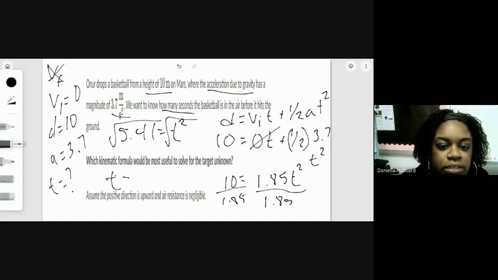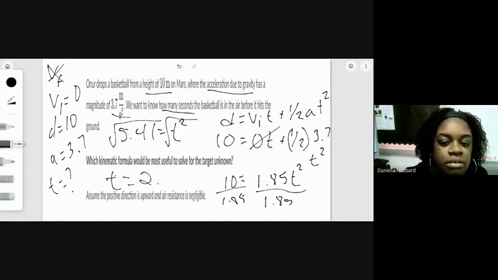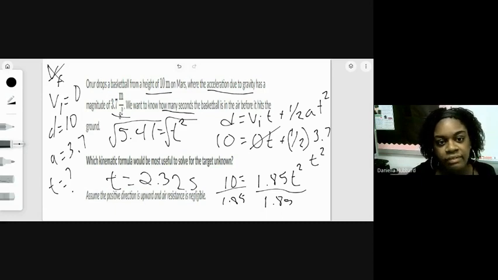Your T, your time is going to be 2.32 seconds. And I'm just rounding to two decimal places. So we were able to find the equation based on the variables and the information that's on the side. We're using equation number 2 because it's the only one that does not have VF.